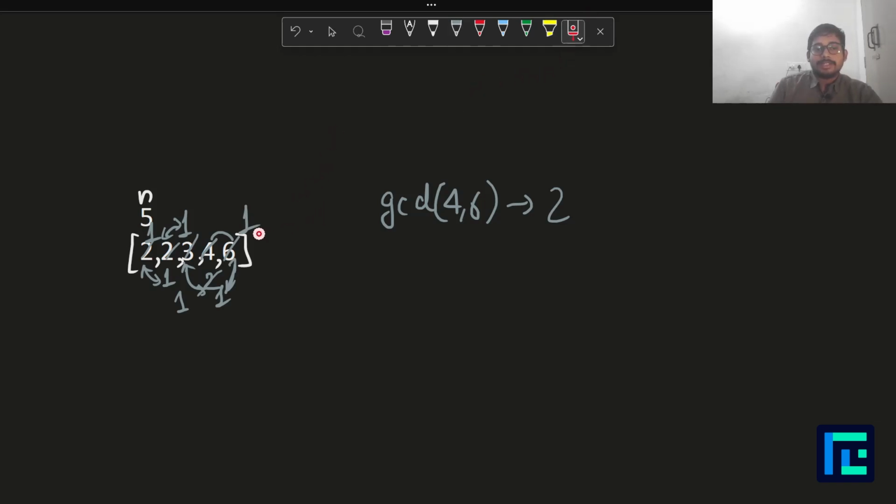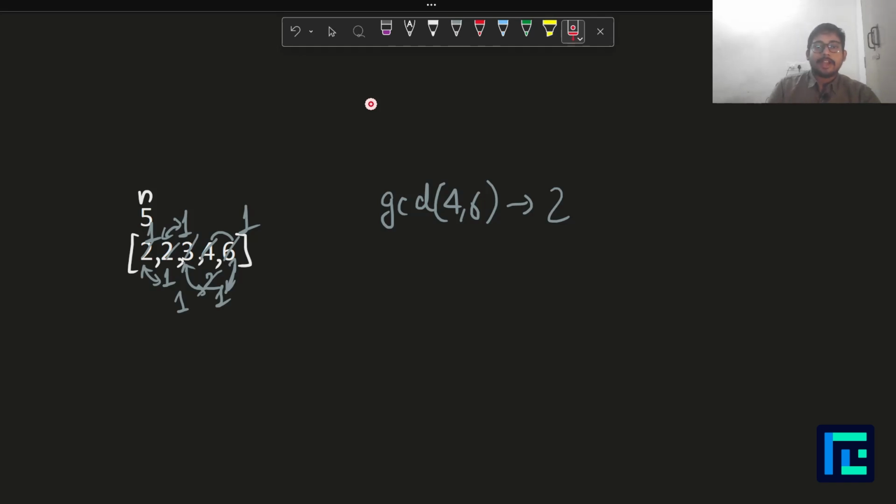This was the first operation, this was the second, then third, fourth, fifth and sixth. I think 6 operations we did. So this is one way you can convert all of the numbers to 1.